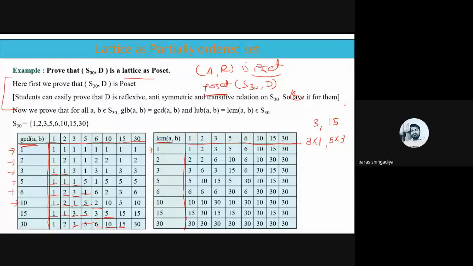Okay, 3 is the common value. So we have to consider it only one time. ठीक है? Product में हमें वो एक ही बार लेना है and find the answer. So which number do you consider here? 1. Then 3, repeated 2 times, so use it only one time, and then 5. So the answer we get is 1 into 3 into 5, that is 15. So this 15 is called the LCM, least common multiple, of 3 and 15. Clear?